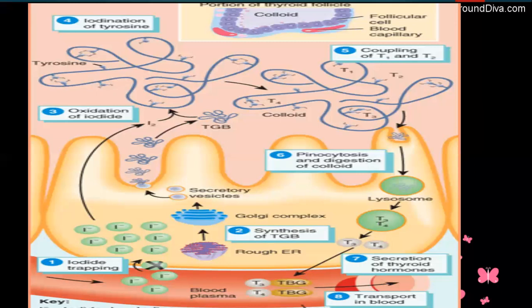When the body requires these thyroid hormones, they have to reach different places. How will they reach? Through the blood supply. They have to enter into the bloodstream. Through the basal membrane, they enter into the bloodstream.